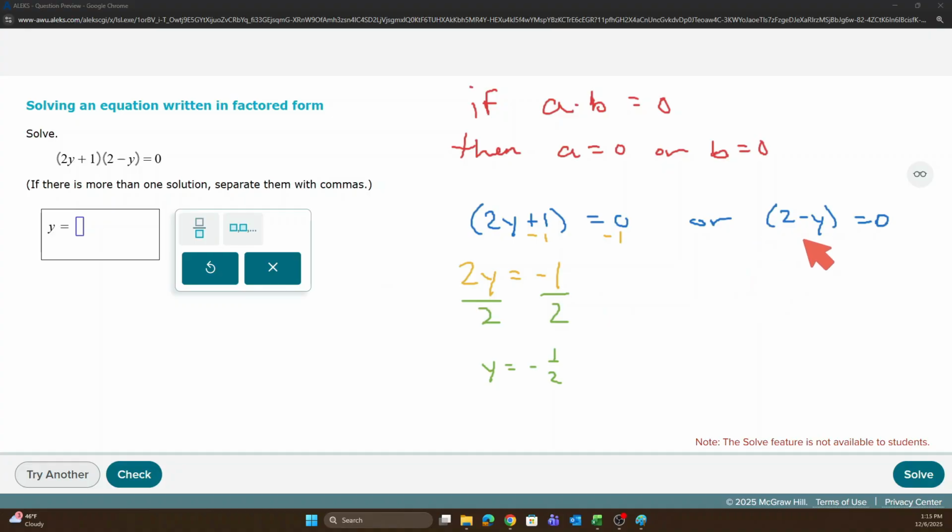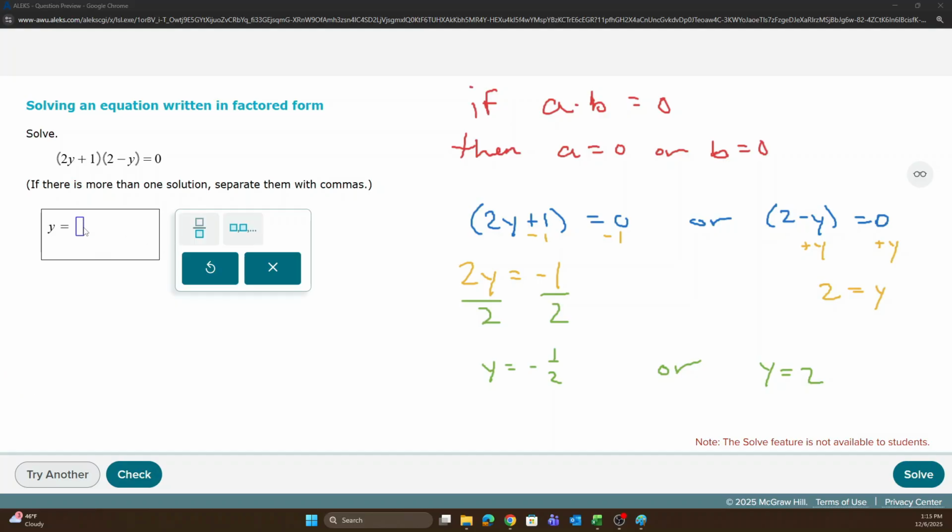If this one's true, we can simply just add y to both sides, and we get 2 equals y, or y equals 2. So we have the 2 possible solutions of y equals negative 1/2 or y equals 2.